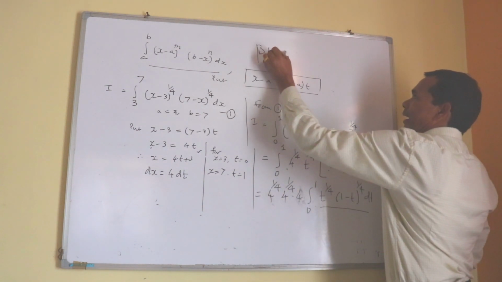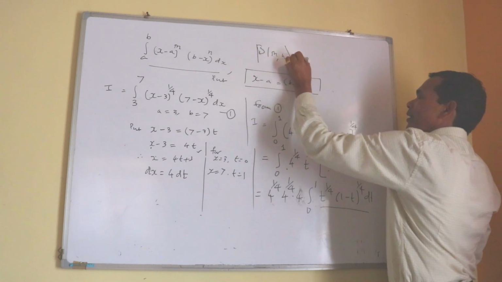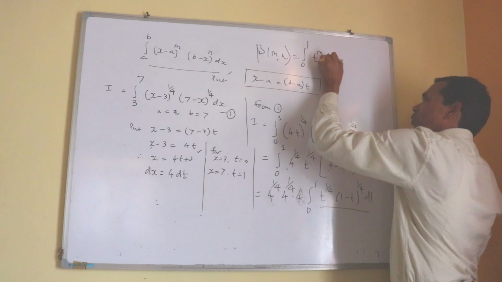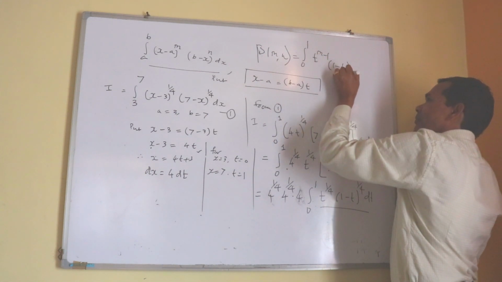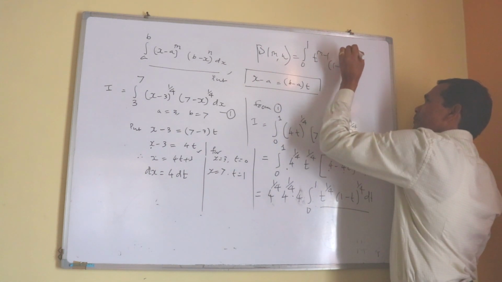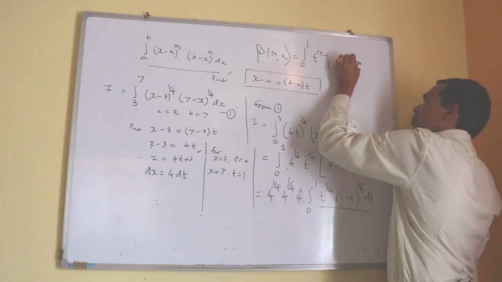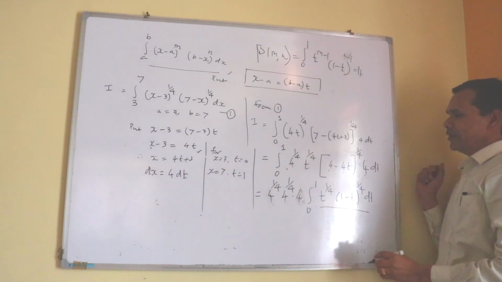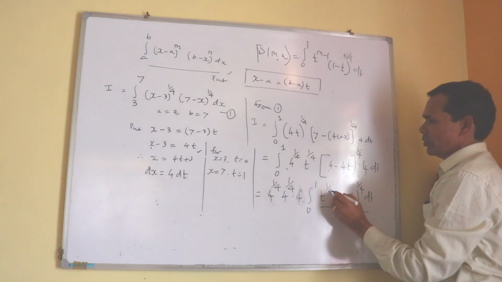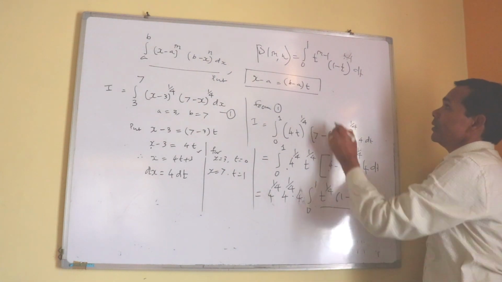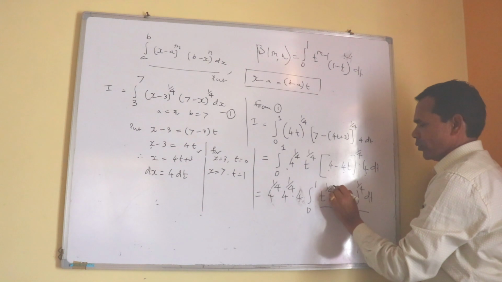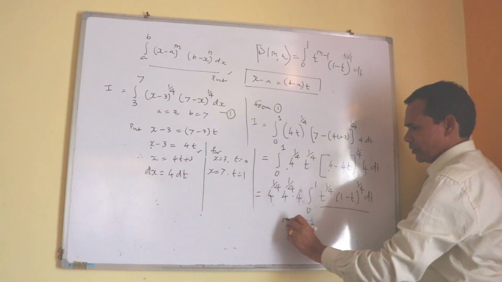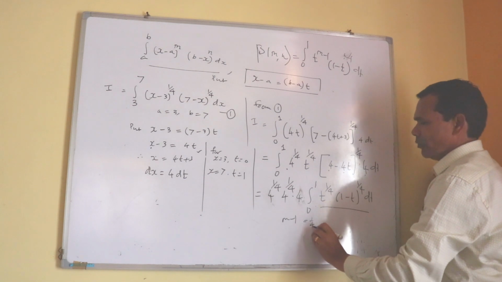Beta of m, n, the basic integral, is 0 to 1 of t raised to m minus 1, 1 minus t raised to n minus 1, dt. So you have to see the values of m minus 1. Here m minus 1 is 1 by 4, so m is equal to 5 by 4.